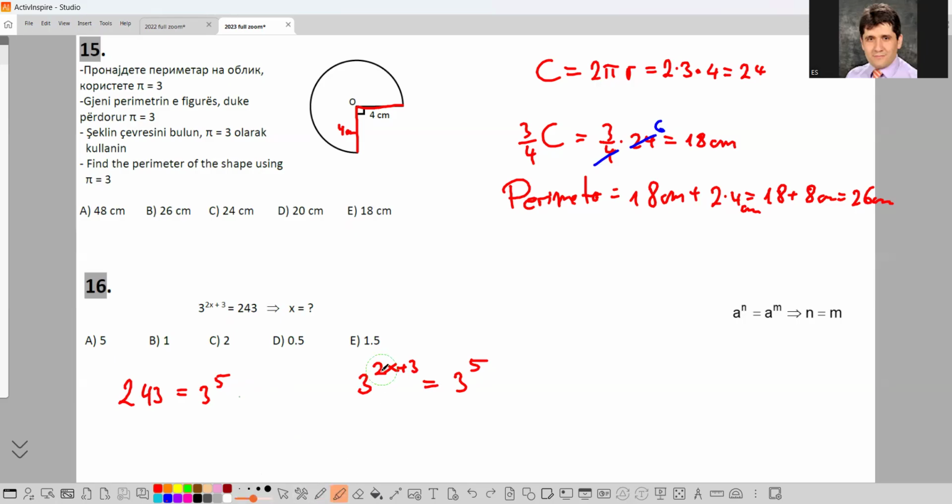That means these two exponents should be equal. So 2x plus 3 is 5. 2x is 2, x is 1. So x is just 1.